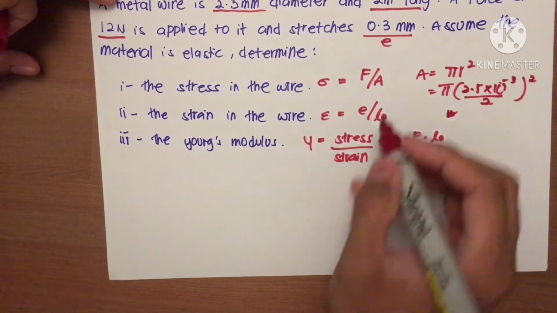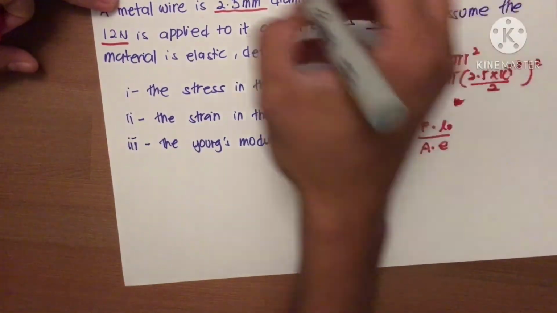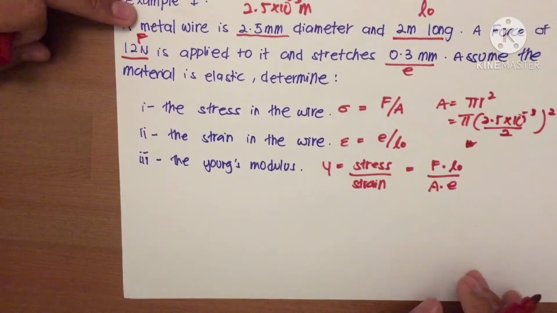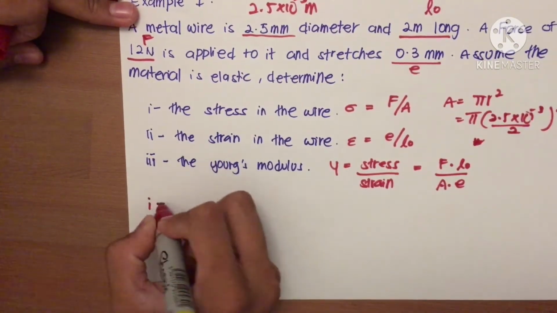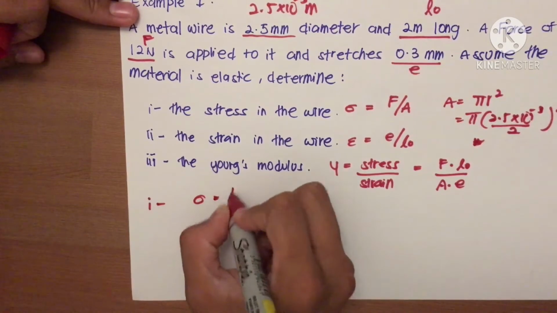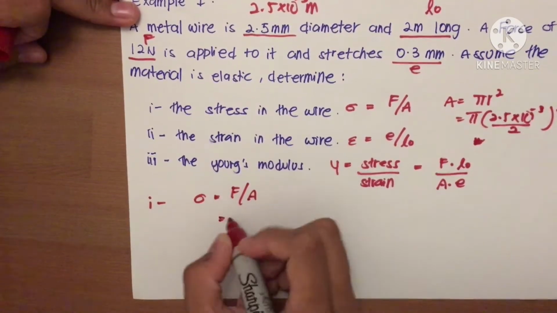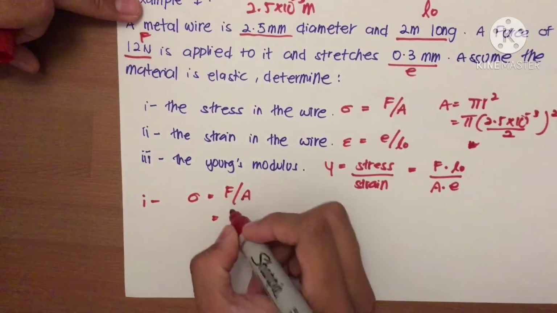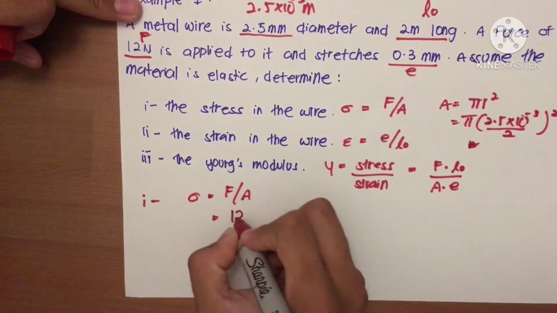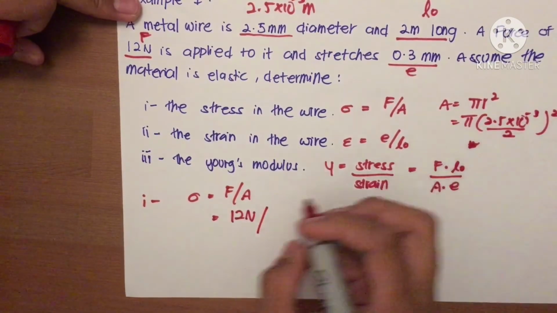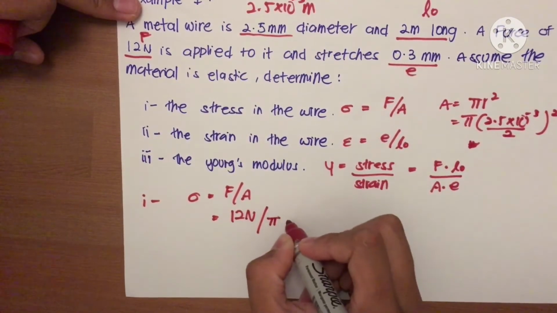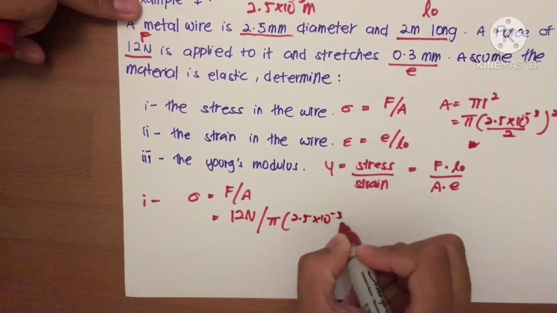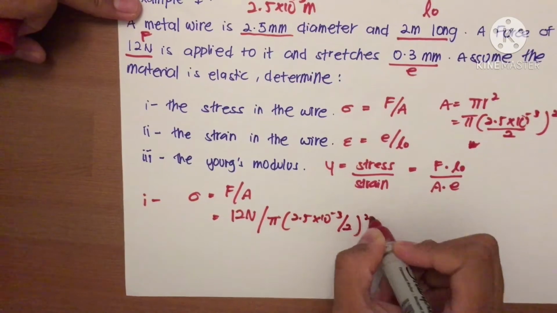Okay, now we can calculate the stress. We already have the force here, F. So the first question, stress is F over A. F is 12 Newton over the area, which is pi times 2.5 times 10 to the power of -3 over 2, squared.